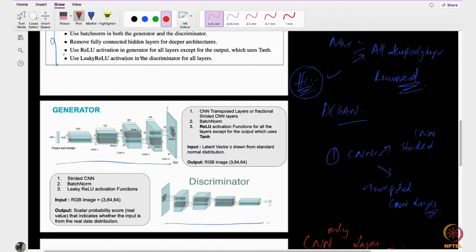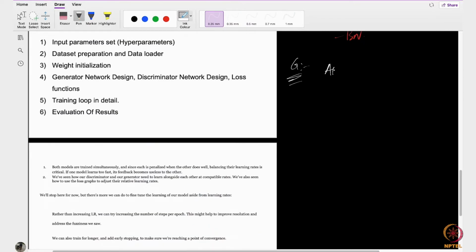And the last thing is we will use the ReLU activation function in the generator for all the layers except for the output, which uses tanh. In the generator, all the other layers use the ReLU activation function except for the last layer, where we use the tanh function.